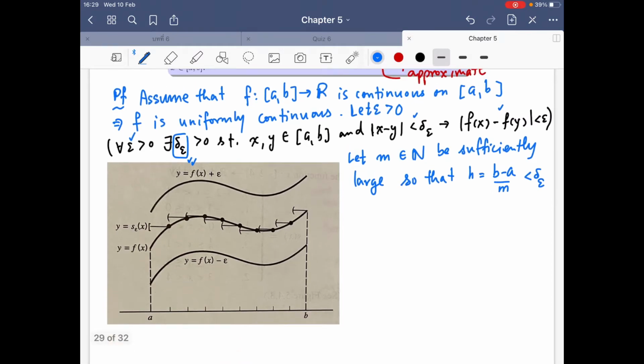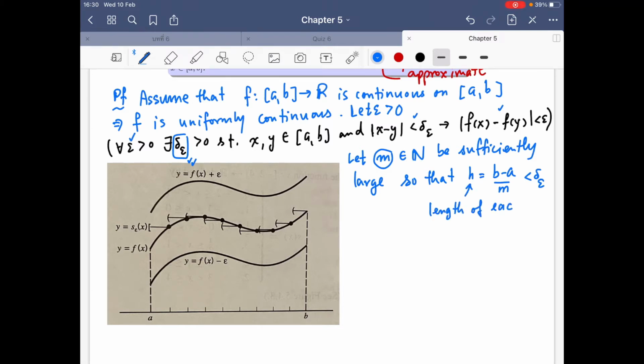So we are going to let this m be such that the length, which is the length of each sub-interval that we need to divide, will be less than the delta epsilon that we got from the epsilon that's given.